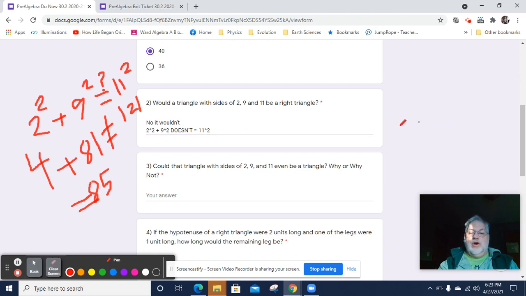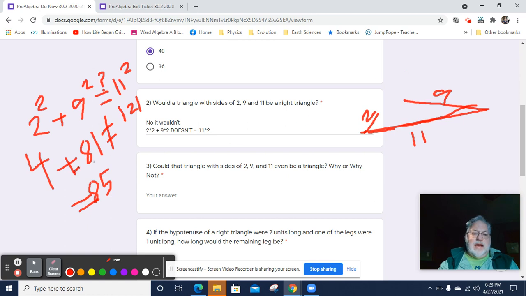In fact, no. We have a triangle with a side that's 11 units, badgers maybe. We have a side that's 2, and we have a side that's 9. Here's the problem. 2 and 9 is 11, so if I try to make a triangle, they're just going to lie flat. It's going to be a flat line.